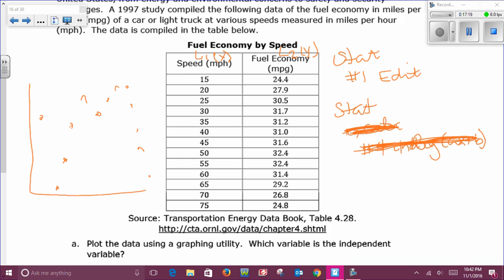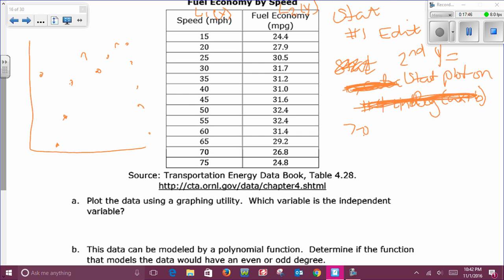So what we need to do is turn our stat plots on. I'm not sure if you know how to do that, but it's second y equals, stat plot, on, and then you do zoom number 9, which is stat.